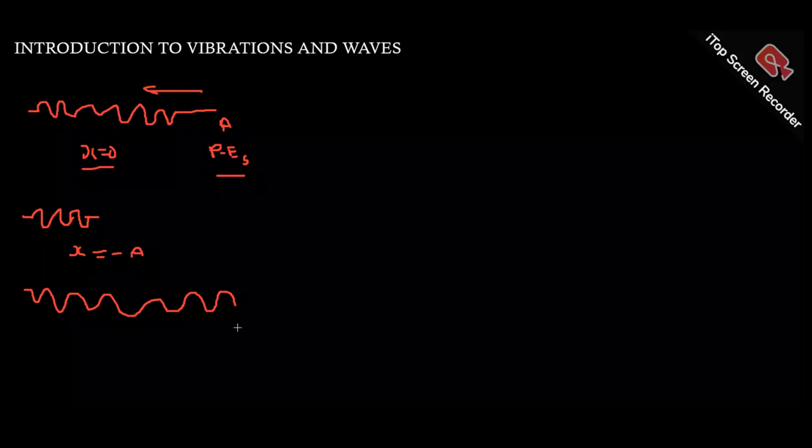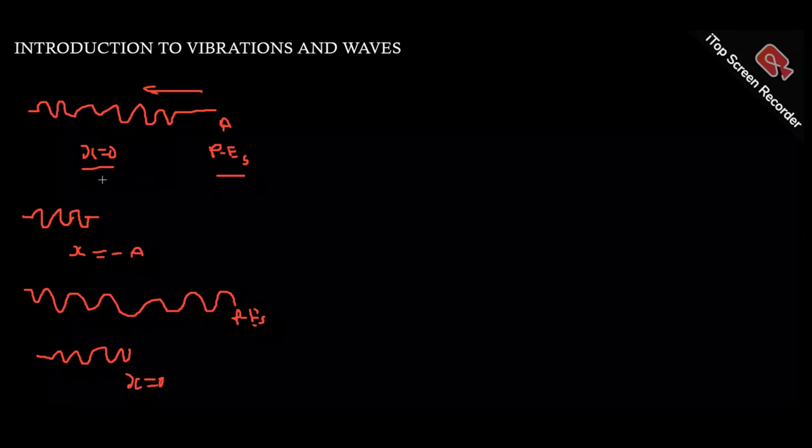Again at that point, it will be converted to what? The elastic potential energy that will be stored will be converted to kinetic energy again until it reaches where x is equal to what? 0. So it will keep moving back and forth like that.